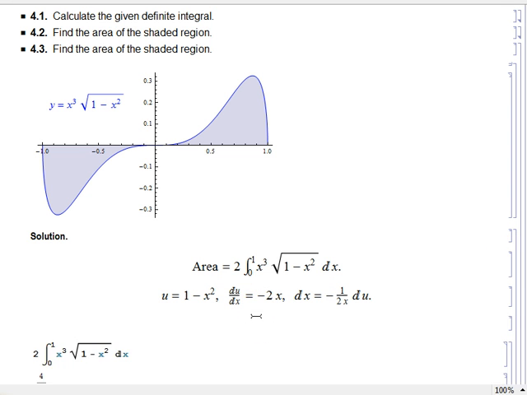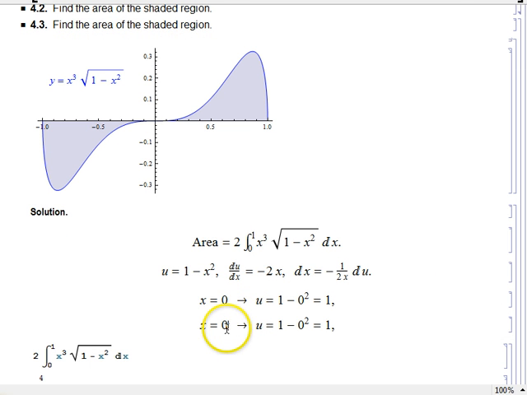Now, if I plug everything into this definite integral, as a matter of fact, before plugging in, let's adjust the starting and ending points again. When x is equal to 0, then what do you have? u is going to be 1 minus 0 squared, so that's 1, isn't it? What if x is 1?